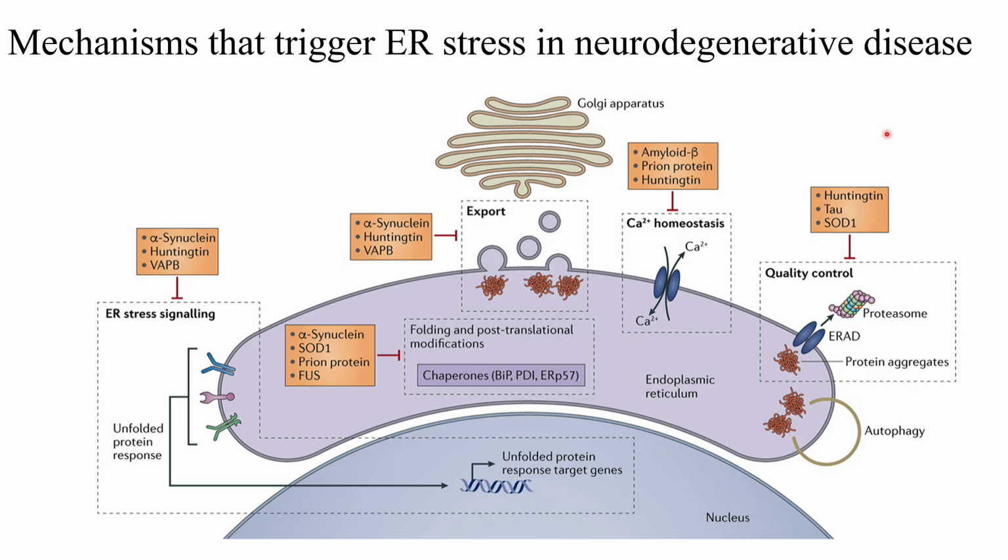Although I may be wrong, but so far, can we increase the receptor, like sensors like IRE1? If you increase the IRE1 protein, you're not even stopping anything, but you're increasing this mechanism.